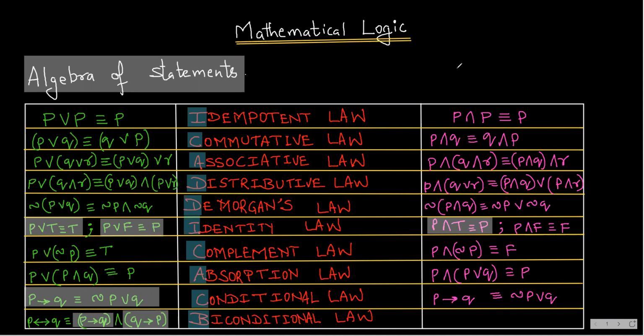When I apply this, I will write that P double implication Q can also be equivalent to, I'm just repeating this, but this time for P implies Q, I will write negation P or Q, and negation Q or P.